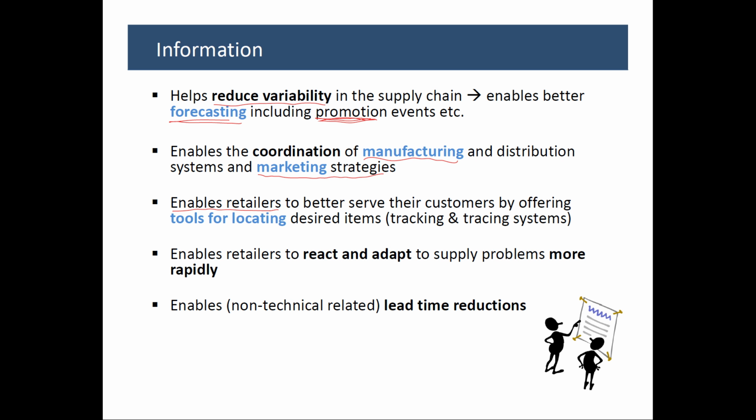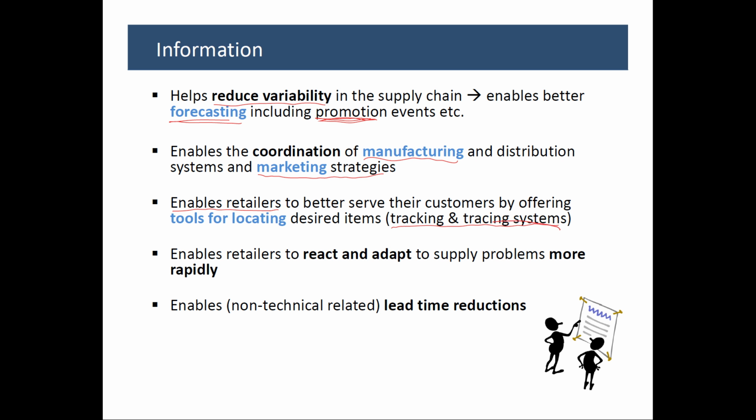If we pass information, that would also enable the retailer to better serve the customer by ordering tools for locating the desired items, meaning that if we install some kind of tracking and tracing system throughout and upstream the supply chain, then the retailer would have a better idea when the items would actually arrive at their premises, so that they could pass this information to the end customer, who would then know when certain items would arrive.